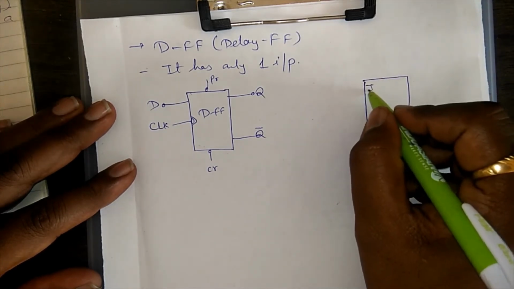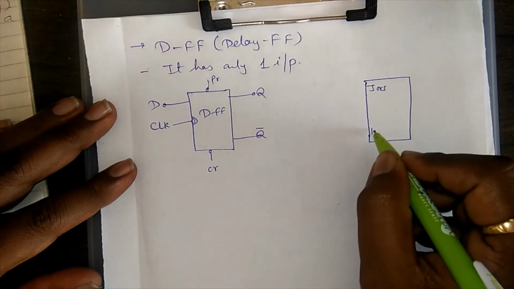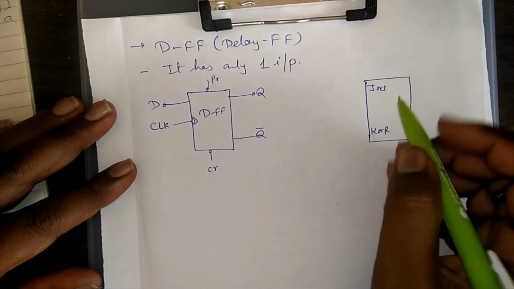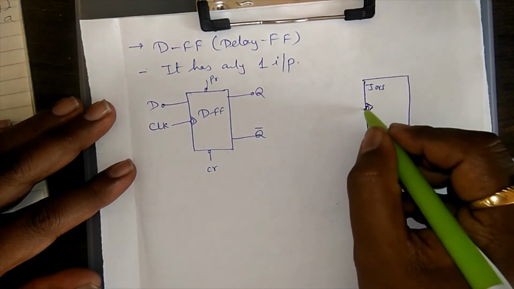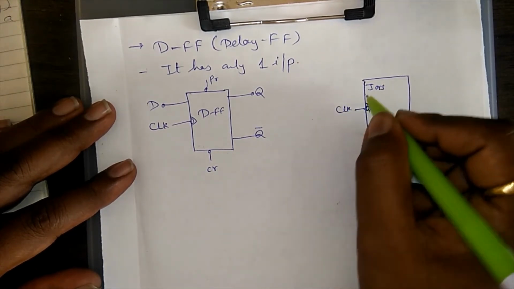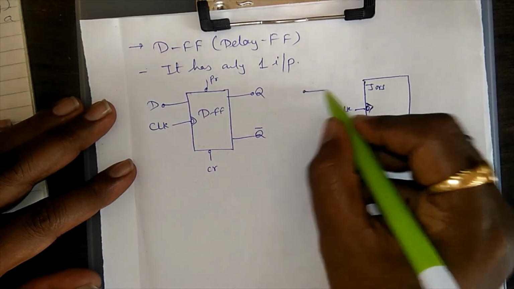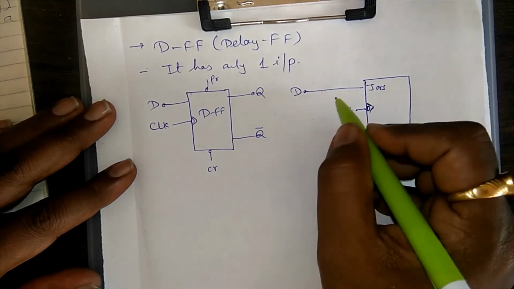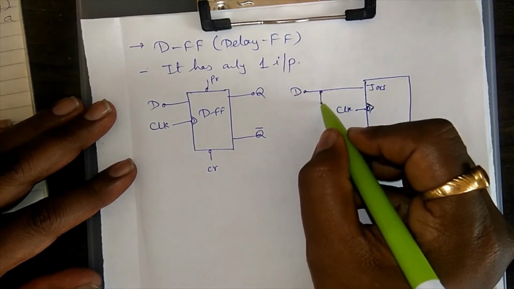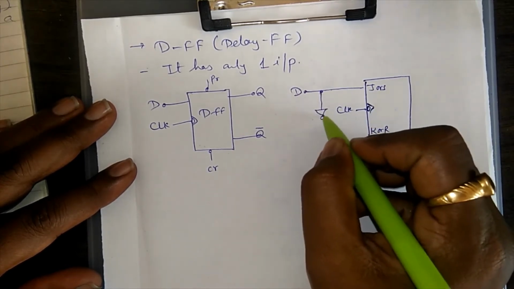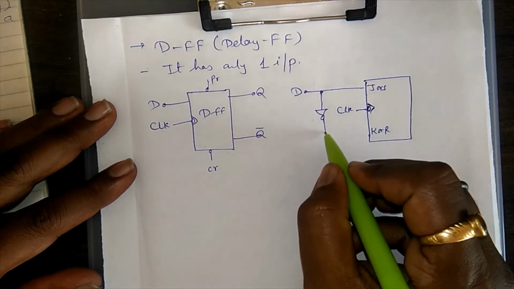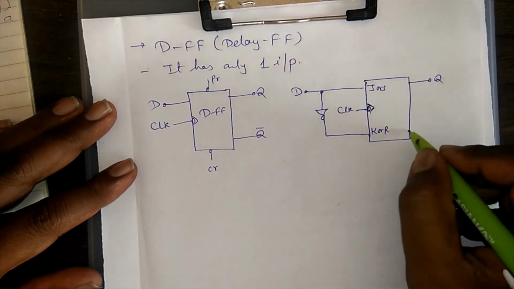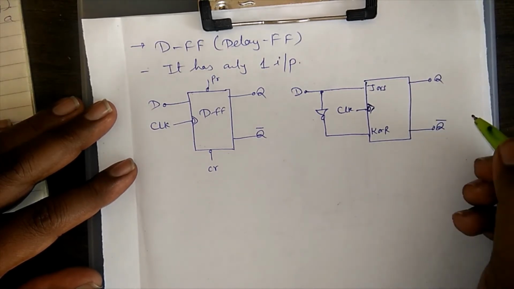This is J or S, this is K or R, SR flip flop or JK flip flop, whatever it may be. This is the clock pulse, CLK. This is the D flip flop, and we are giving the name D to the signal. One NOT gate is attached here and it is given in this way. This is Q and this is Q bar.